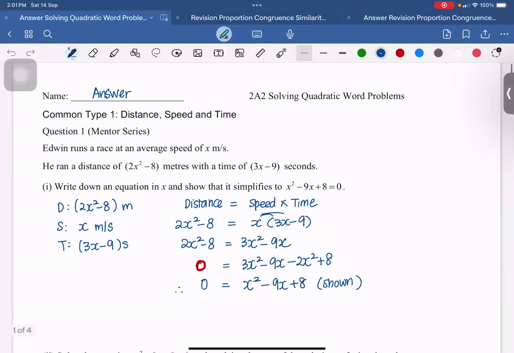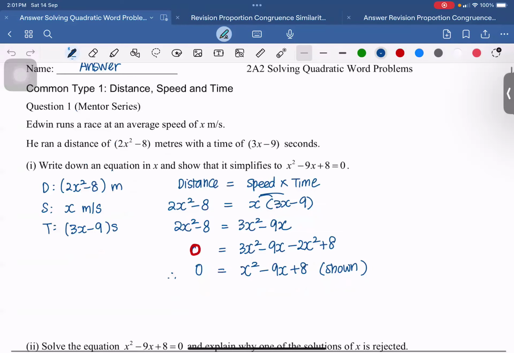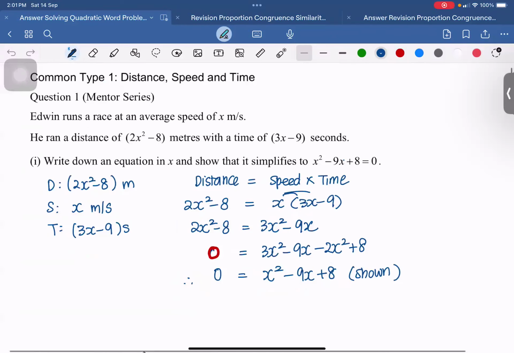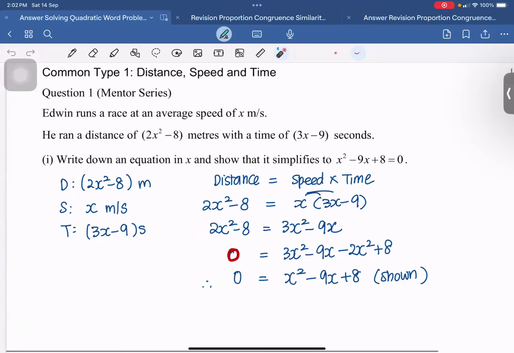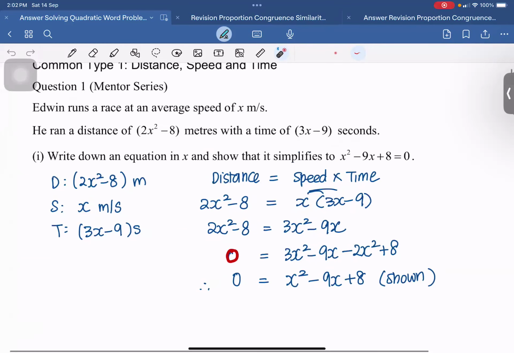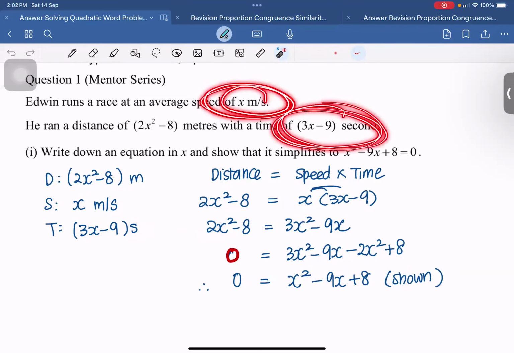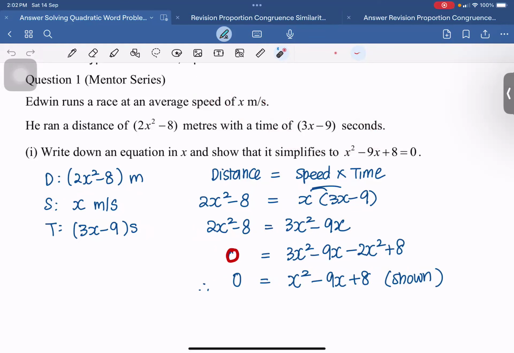In this case, the first question tells you about the average speed. We know distance equals to speed times time. The question gave me the distance and the time, so I need to piece the information together.